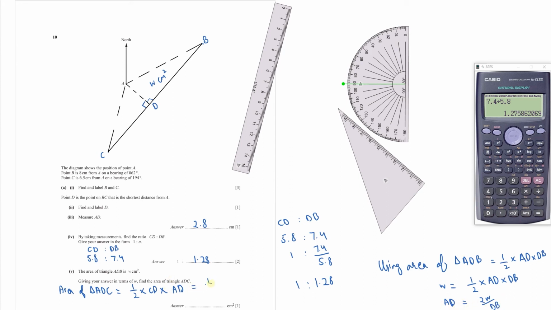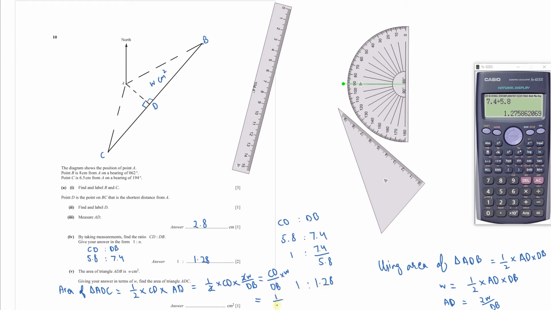So I will get 1 by 2 into CD into AD, which is 2W over DB. So this 2 and this 2 will cancel out. So I will get CD over DB into W. This CD over DB I already know is 1 over 1.28, the ratio 1:1.28.